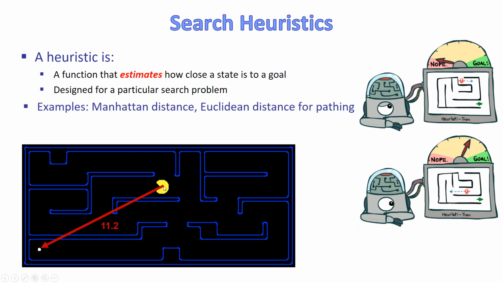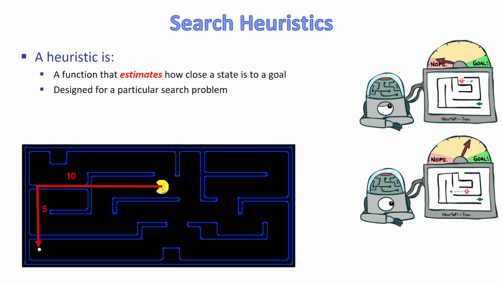And we also mentioned a Euclidean distance, which is the straight line distance between the current state and the goal state. And we mentioned that maybe the Manhattan distance is a bit better because it gives a better estimation to the actual cost, since Pac-Man cannot go diagonally. It has to go either in x or y dimensions. Although the Manhattan distance also is ignoring the walls, but that's okay.